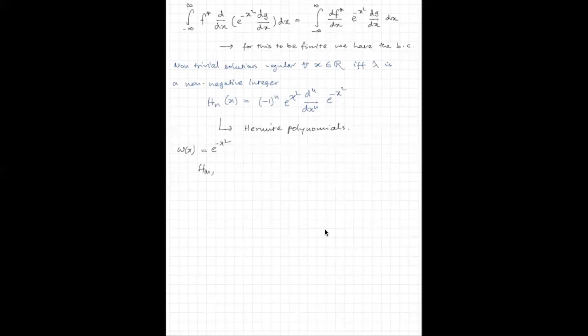So the integral from minus infinity to infinity of h m of x h n of x e to the minus x squared dx turns out to be, you can figure this out, 2 to the n square root of pi times n factorial. Okay, so that was that.